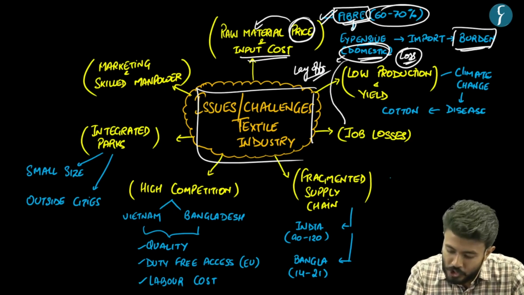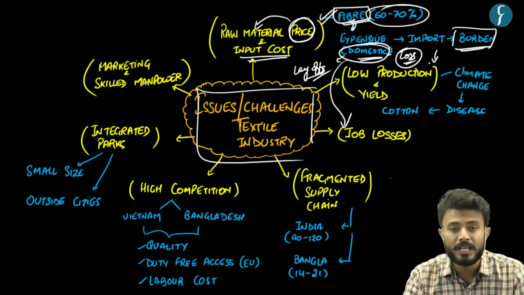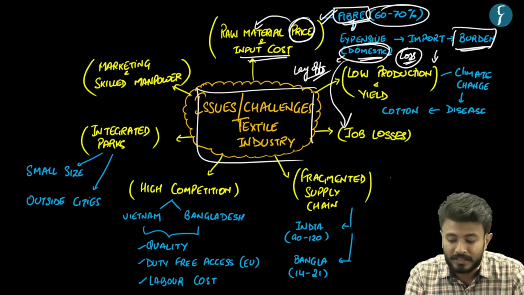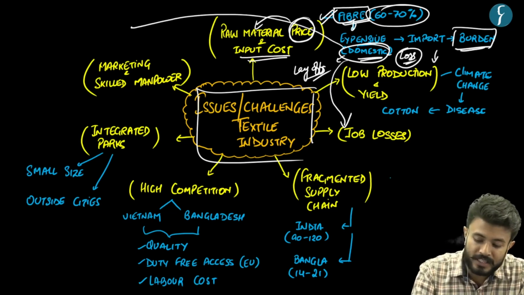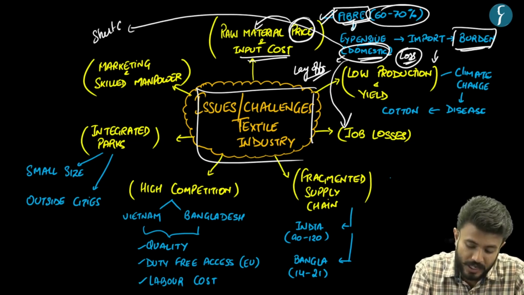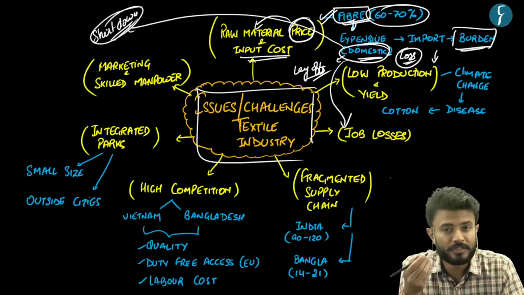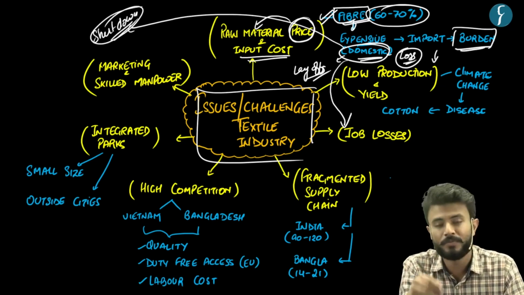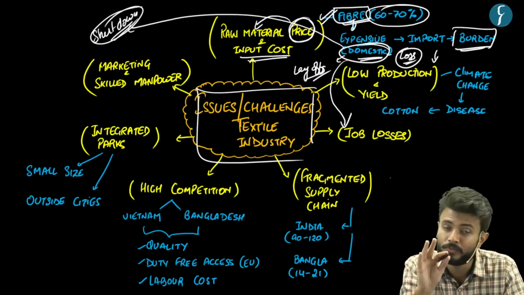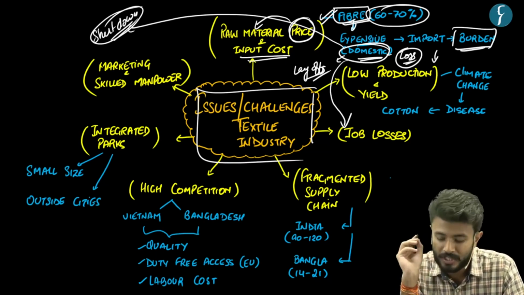There will be job losses. The profit margins will reduce. If the profit margins are reducing, these textile industries or textile centers will shut down. Obviously, anyone who is working is working for the profit, na? So if industrialists are not having the profit, they will shut down. And this is exactly what is happening in India presently. Many of the textile centers are getting shut.